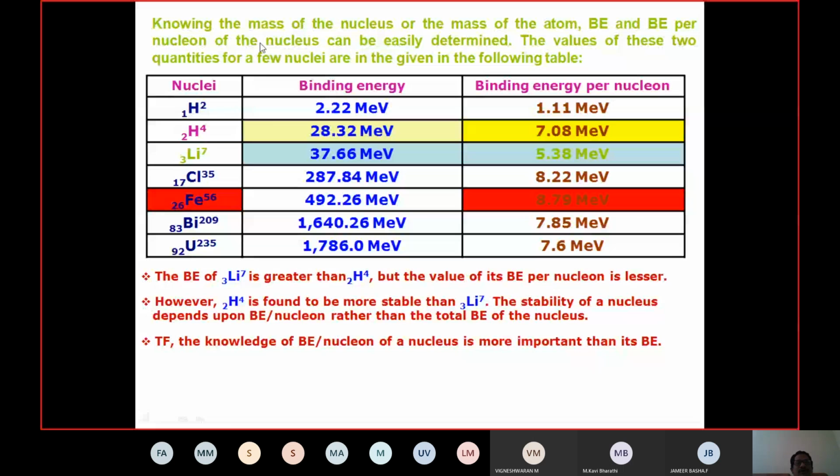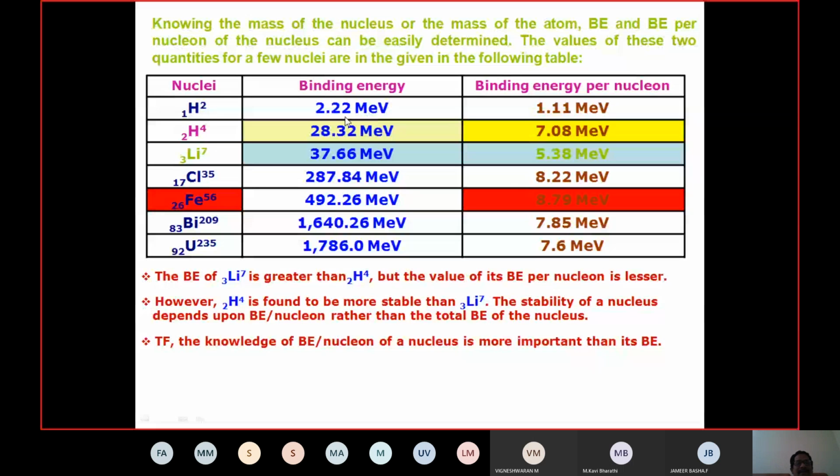So the values of these two quantities, binding energy and binding energy per nucleon, are calculated and tabulated in this table. Every nucleus has a binding energy and a binding energy per nucleon. This is hydrogen's binding energy, and this is the binding energy per nucleon. Like that, for lithium, chlorine, iron, bismuth, and uranium, we have calculated the binding energy and binding energy per nucleon.